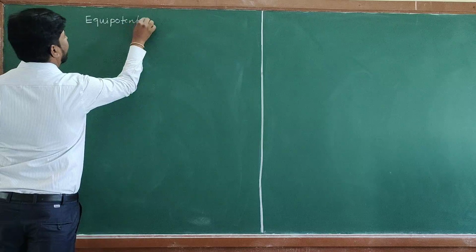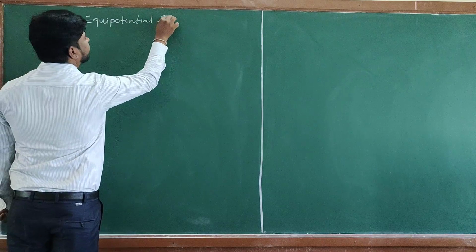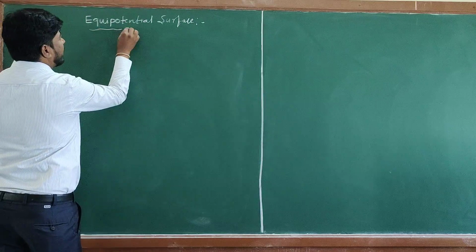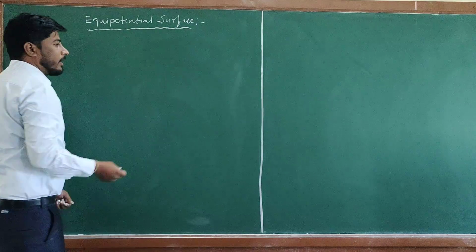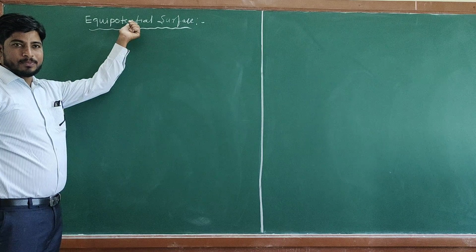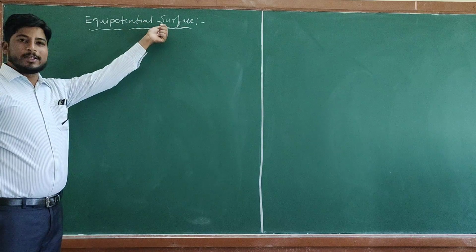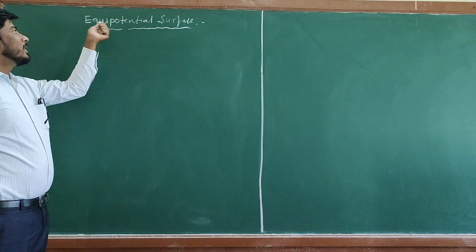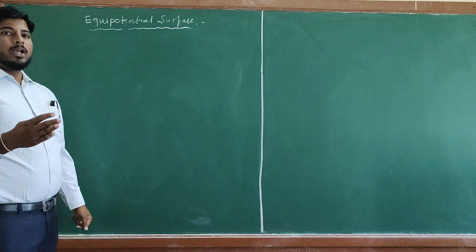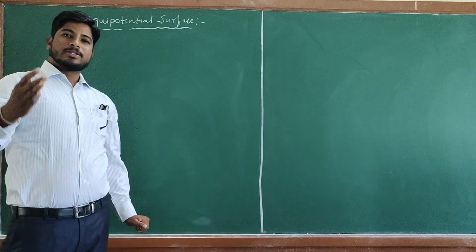As the name indicates, equipotential surface. We know what is meant by potential. We know the surface. There is another term, equi, meaning equal potential at the surface.